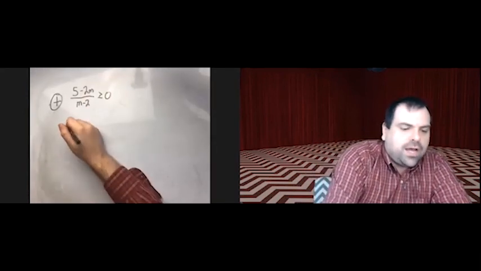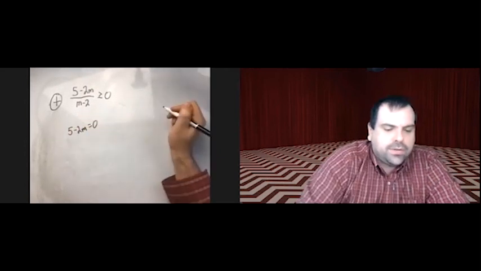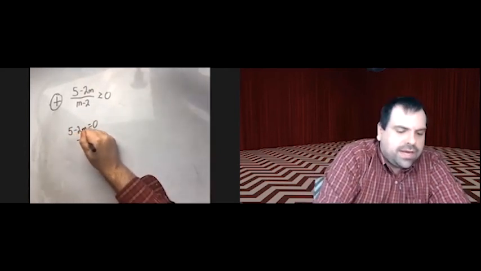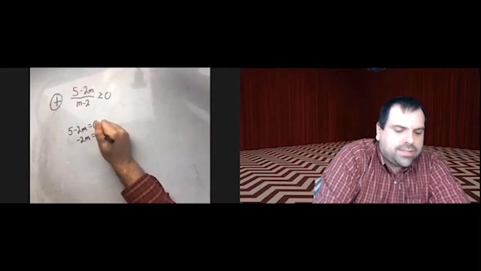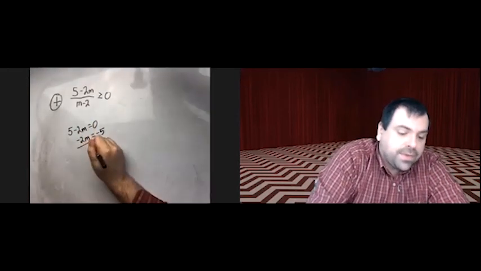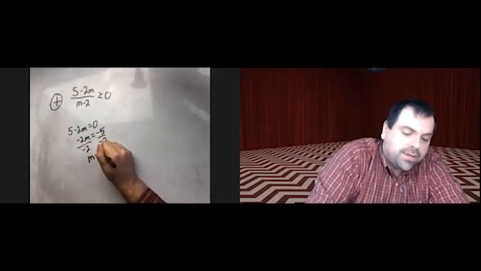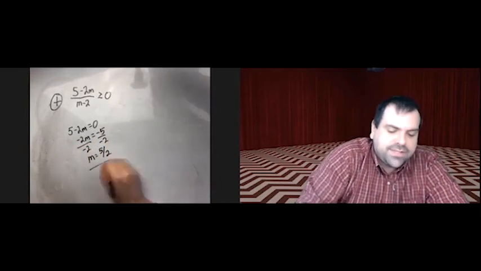The zero of the top, 5 minus 2m equals 0. Subtract 5 from both sides. Negative 2m equals negative 5. Divide both sides by negative 2. M equals positive 5 halves.